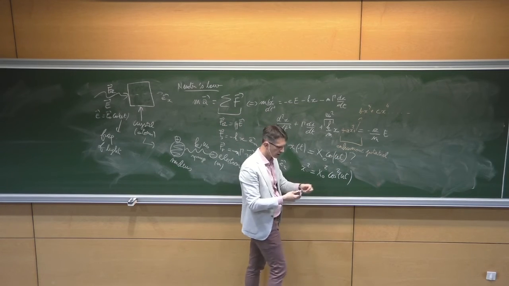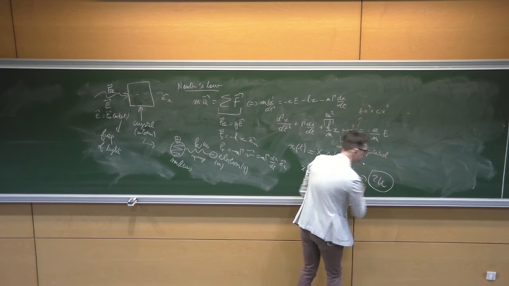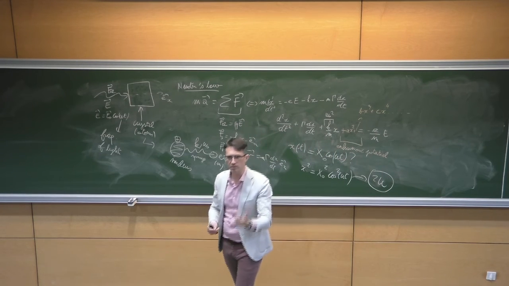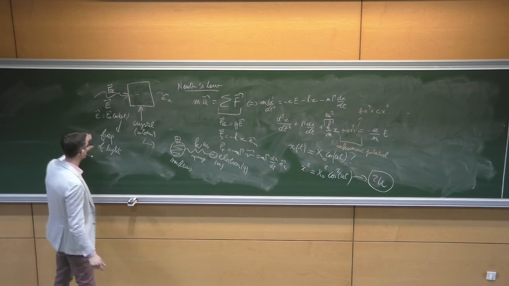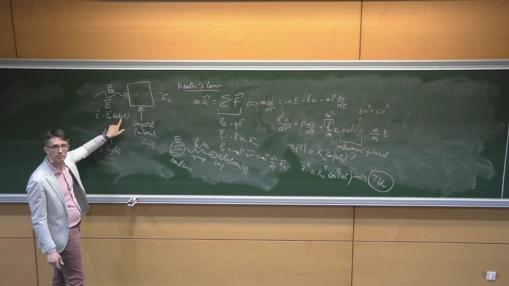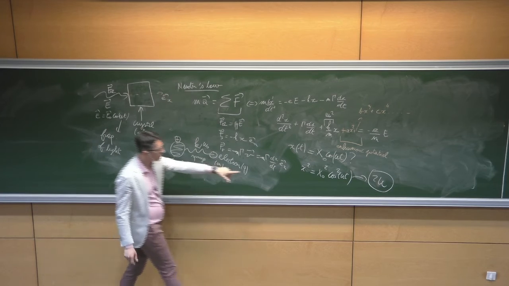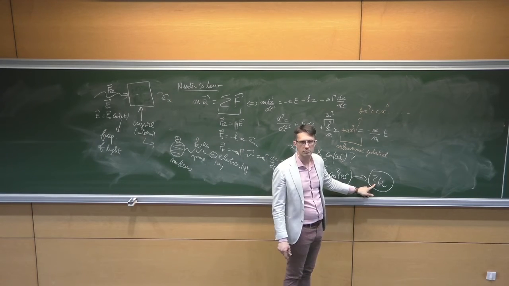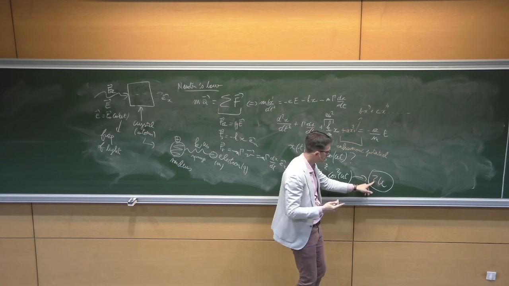And x squared now gives you frequencies of 2 omega. So if I came with a given color, omega, say red, then now I have red again, but I also have blue light of twice the frequency. Because that's what it says, 2 omega.